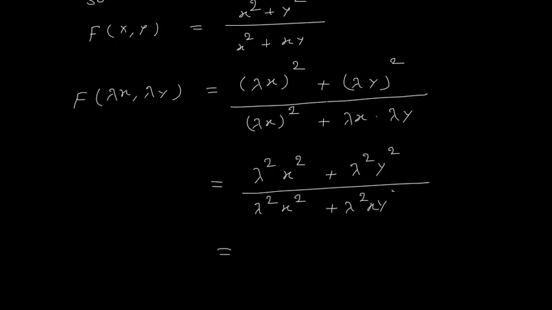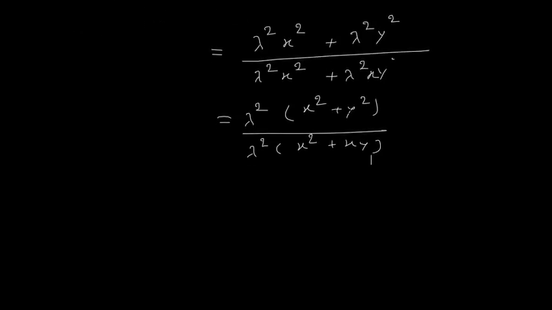Now in the numerator I can take lambda square common, so I have x square plus y square, and in the denominator I will take lambda square common, so I have x square plus xy. Now this becomes lambda power 0 into f of x comma y.